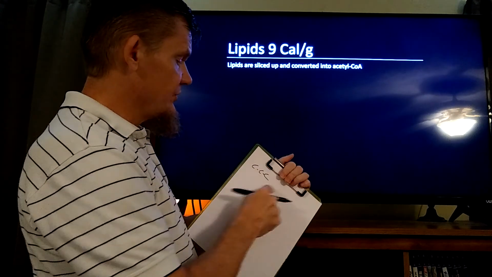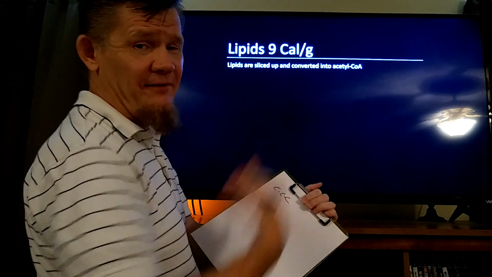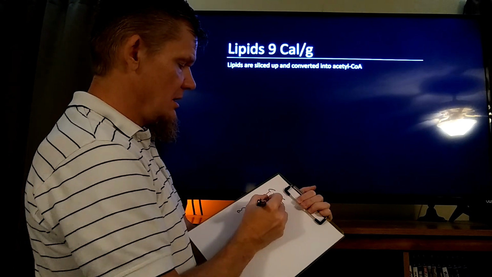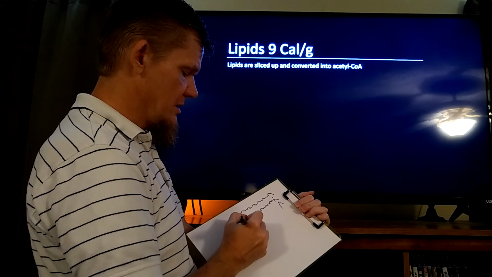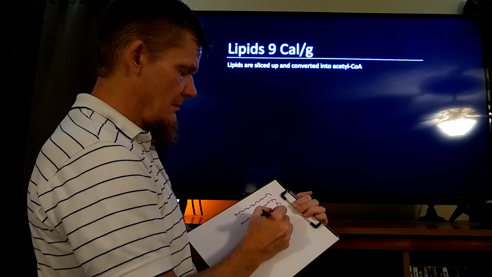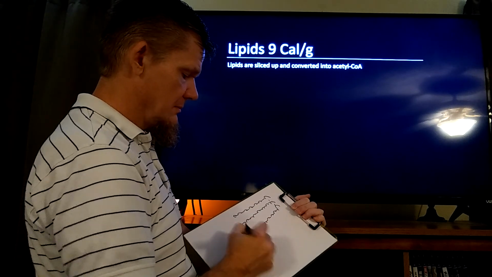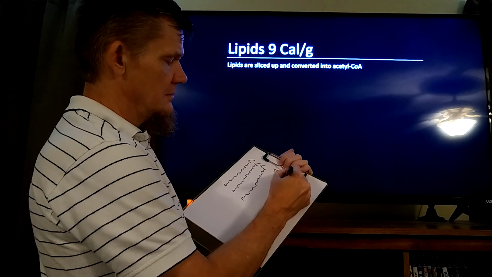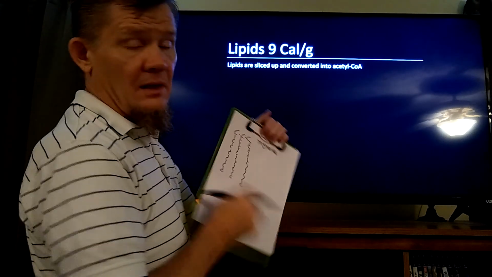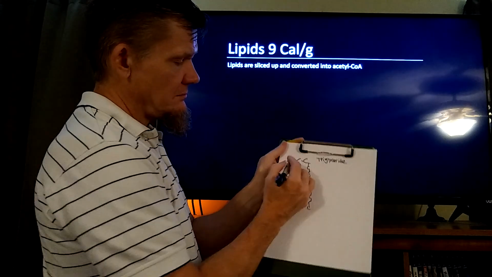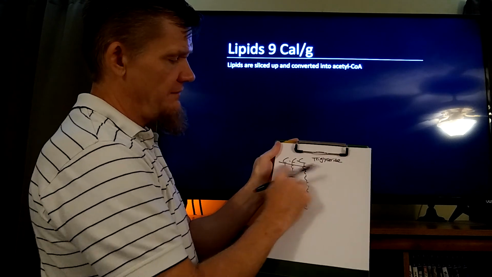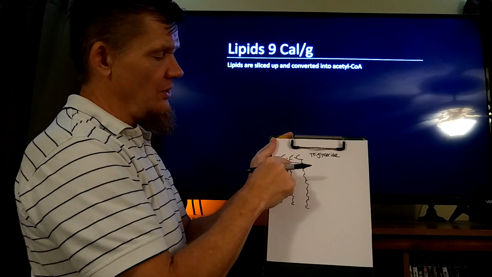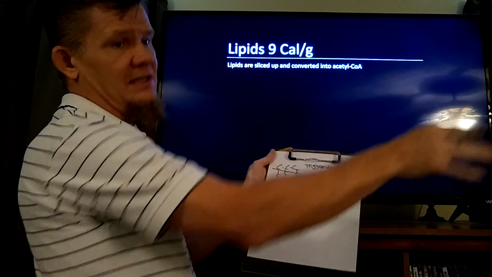Triglycerides start with a glycerol top molecule and then have fatty acids that come down off of them, a bunch of legs, a bunch of carbons all attached to each other. Okay, so this is a triglyceride. To burn this thing up, the first thing I do is I cut the fatty acids off of the glycerol. The glycerol then I can just turn into acetyl-CoA and send it into Krebs cycle.